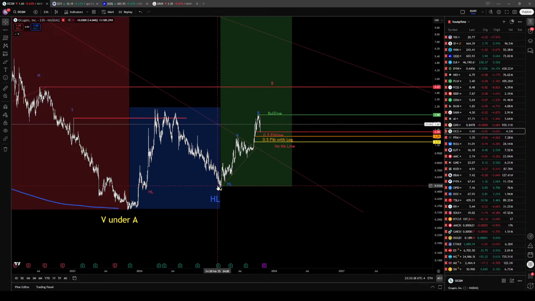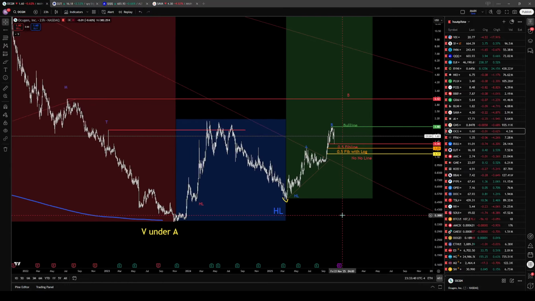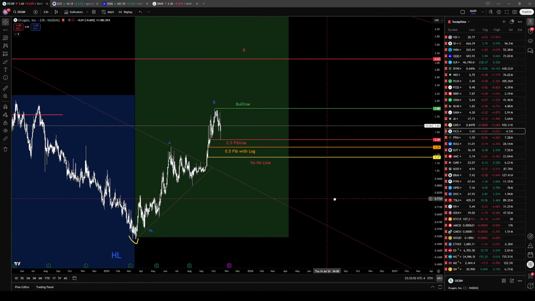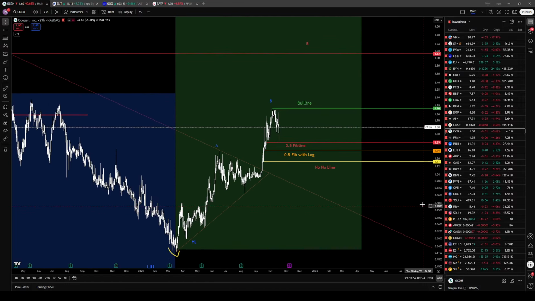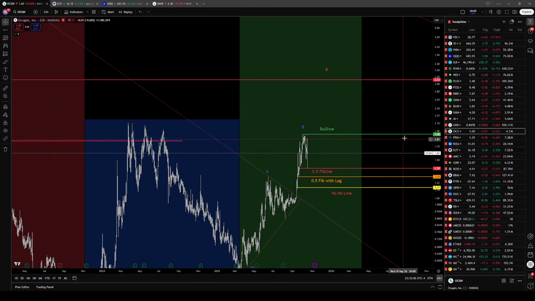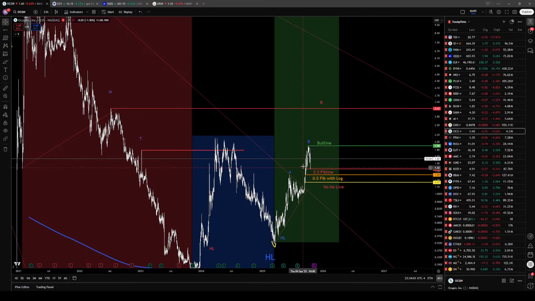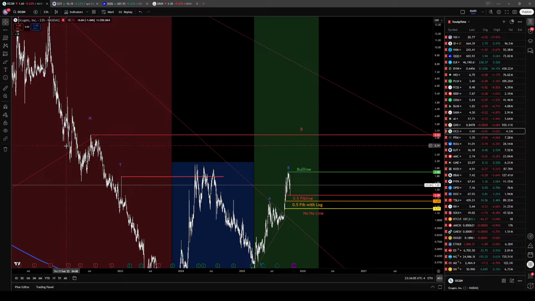You come from V, V, high, low. Here is your A with A pullback finished. And you would already have done your B, little B peak, and would be in the B pullback right now. And when the B pullback is finished, you go to your mid B, and then you go.